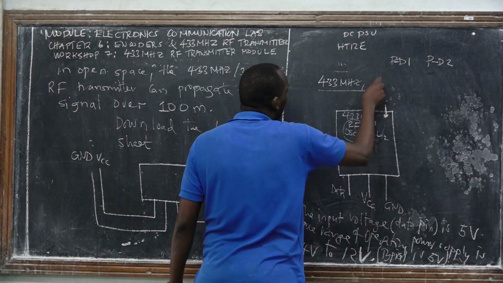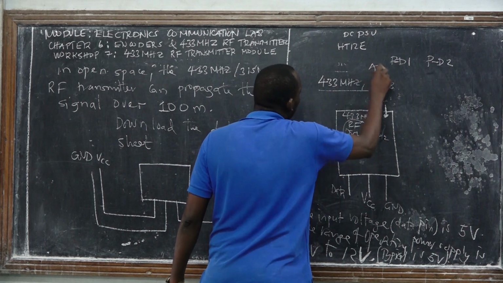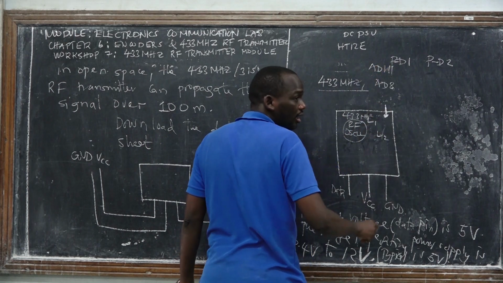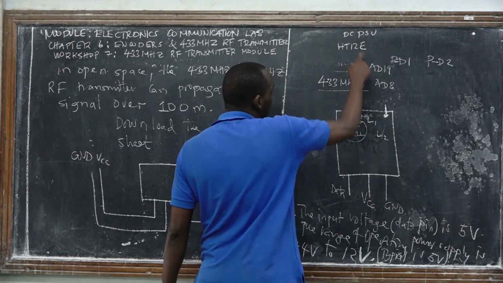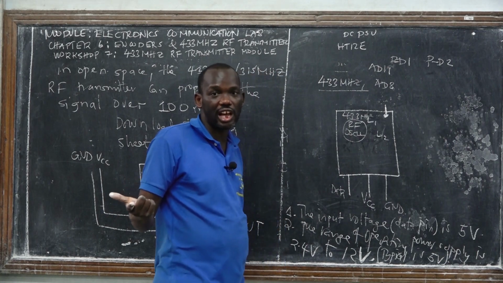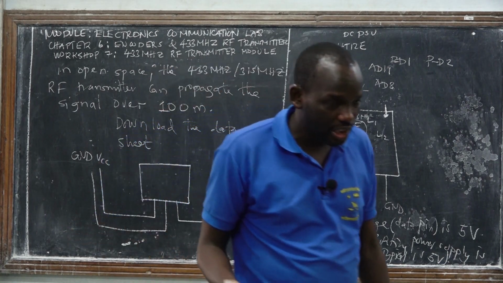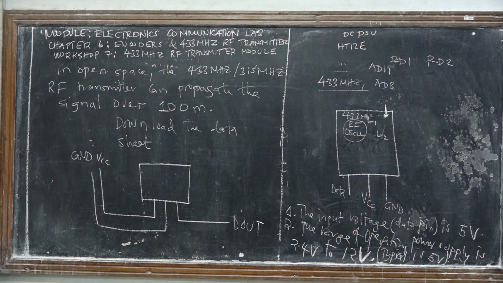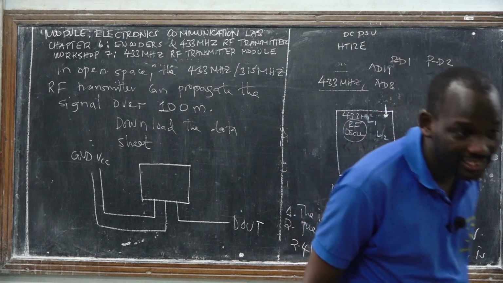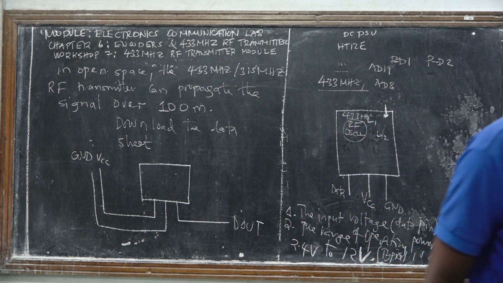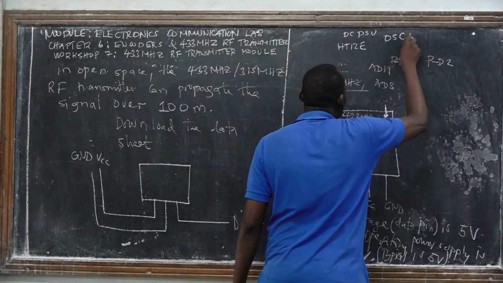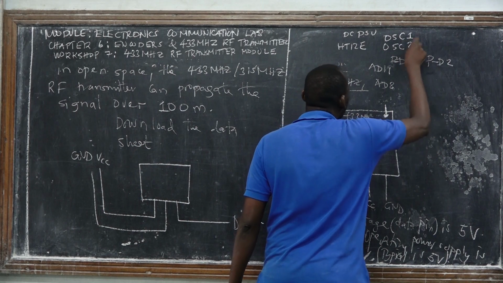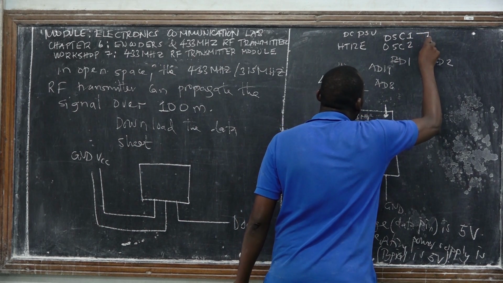Then we connect them to AD8 and AD11. The transmission enable pin we connect to the ground. Oscillator pin 1 and oscillator pin 2 we connected to a resistor with resistance of 100 ohm, according to Joshua, who was in the class.